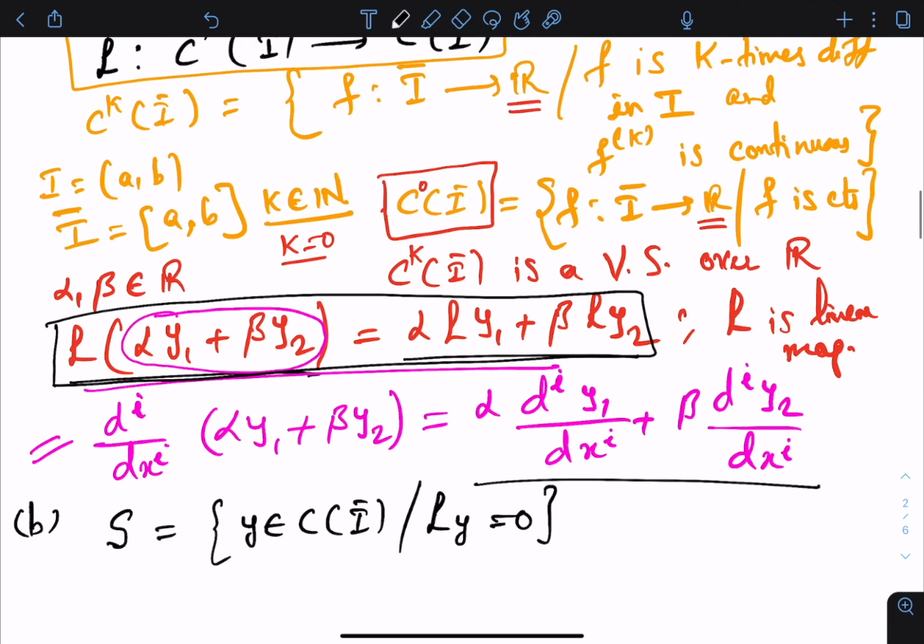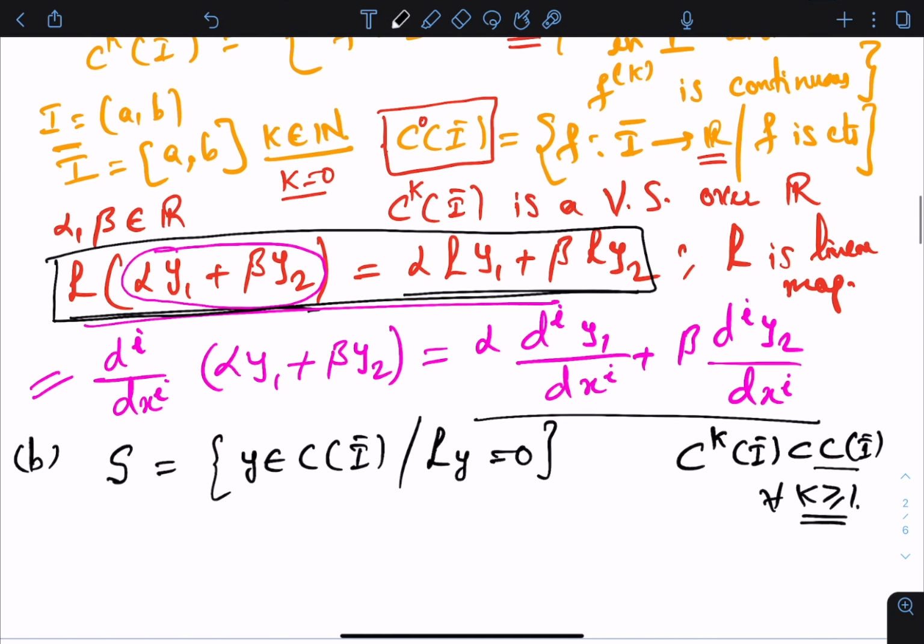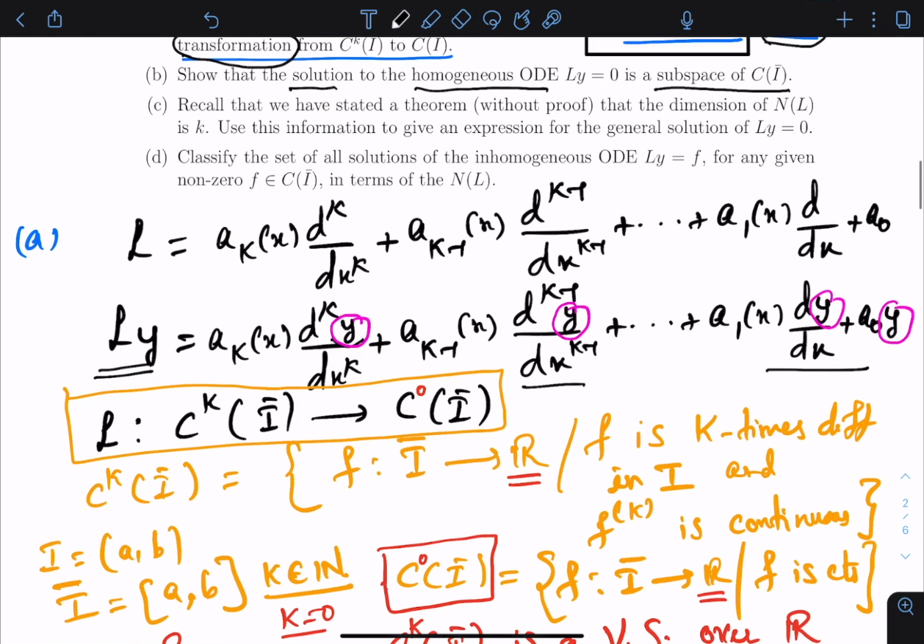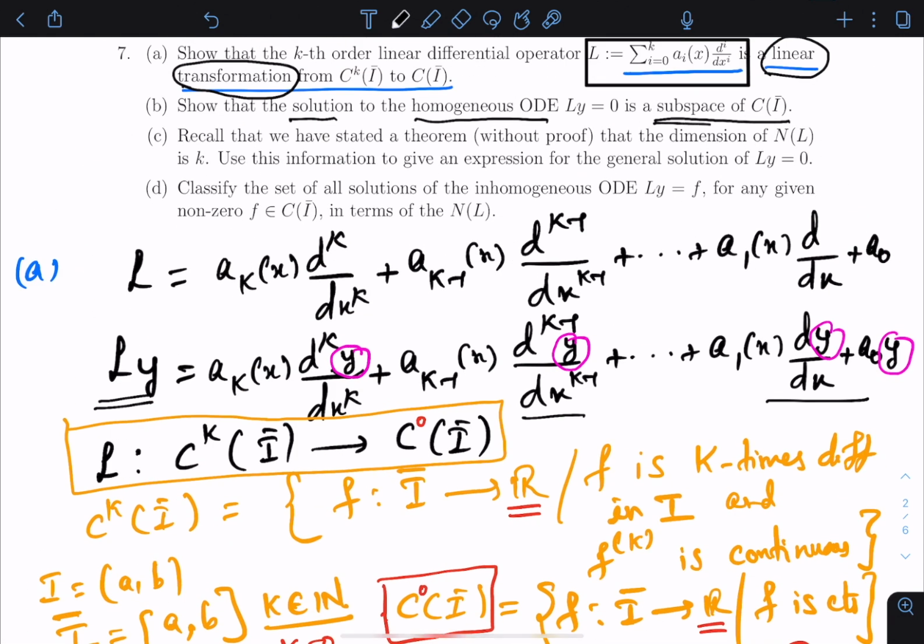You should also observe this fact that C^k of I bar is contained in C of I bar for all natural numbers k. So when you say the domain of L is C^k, the domain is actually contained in C as well. So if you look at S as the set of all solutions of this linear homogeneous equation, the question is to show that this S is a subspace of C.